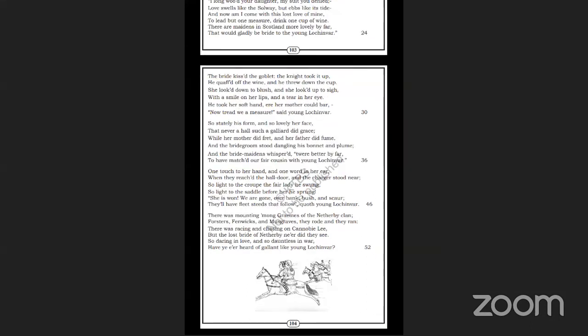So Lochinvar and Ellen were standing close to each other. Ellen, the bride, took a goblet and kissed it. And when she kissed it, immediately Lochinvar took that goblet and he quaffed off the wine. Quaffed means to drink quickly. Did you get the meaning?